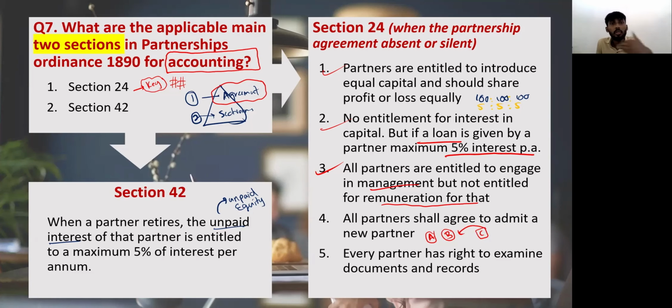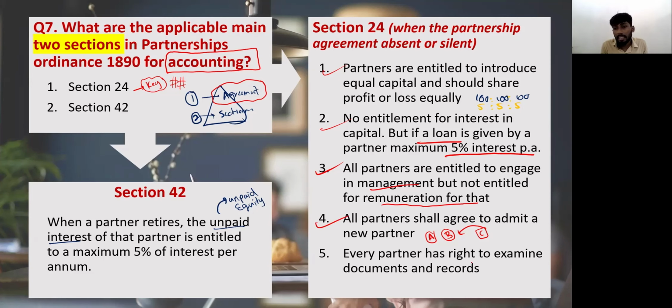If that partner is to be admitted, both A and B need to agree to take him into the partnership. If at least one person is not agreeing with that, such a person cannot be taken as a partner to the partnership. So all partners shall agree to admit a new partner.